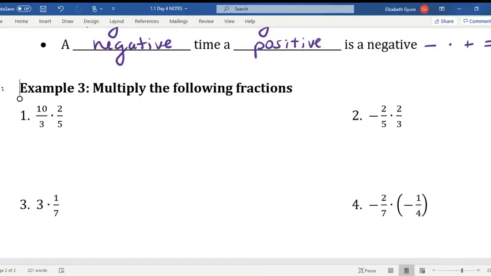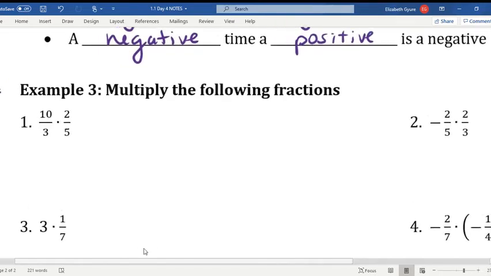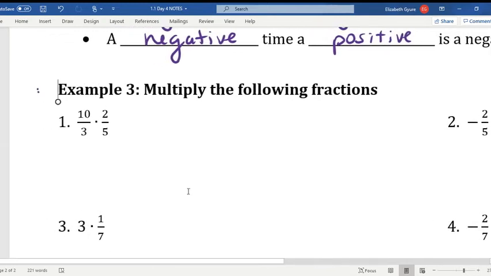If you want to go ahead and just multiply the top by the top, multiply the bottom by the bottom, and then reduce, that's fine. I like to reduce first if I can, okay? So how I always double check these is I always double check up and down, and I always double check diagonally and see if there's anybody that can be reduced.